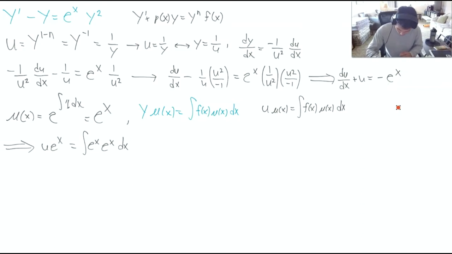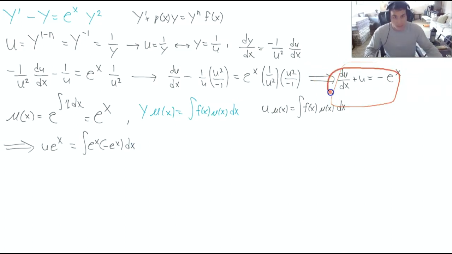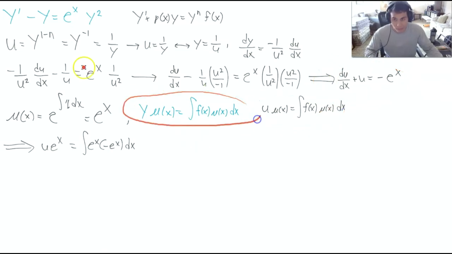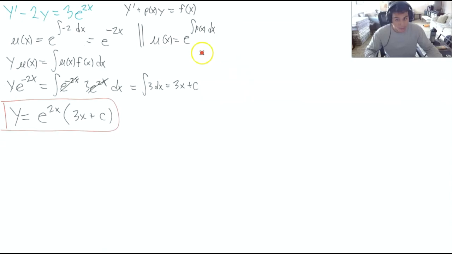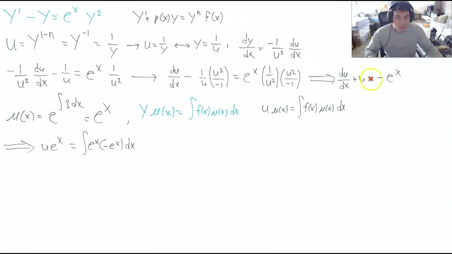So this should be times negative e to the x dx. It's important to recognize that you're using this differential equation and its components in this formula. This formula goes with a regular equation; here you're going to use this Bernoulli form.